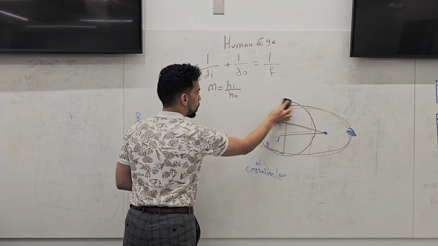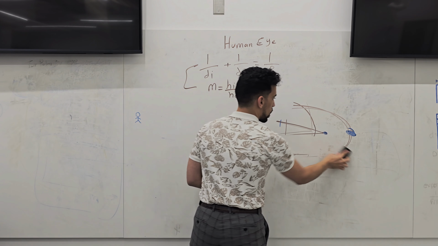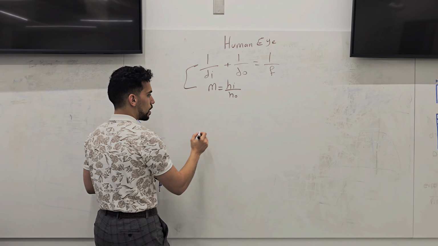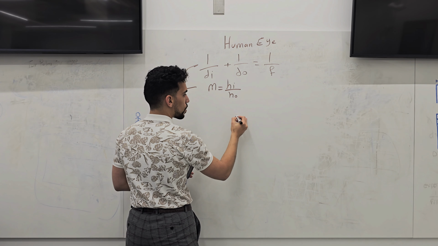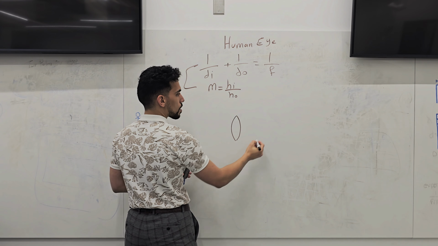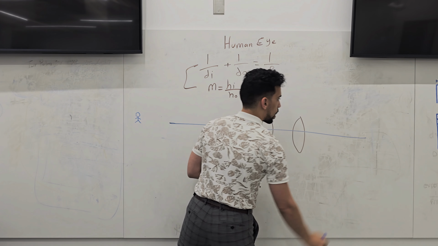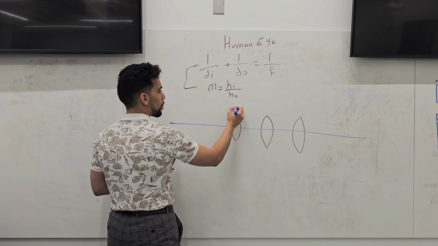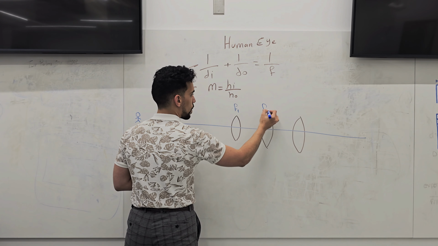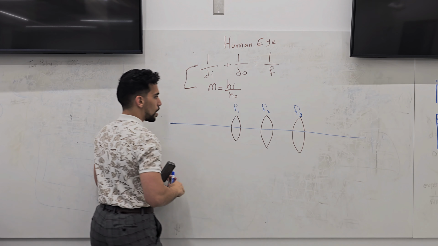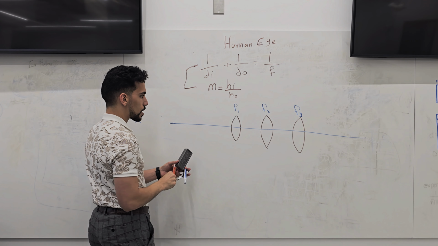To deal with these kinds of lens systems, we need to do it lens by lens. Let's say we have a system of 3 lenses. Each one has a focal length: focal length 1, focal length 2, focal length 3.